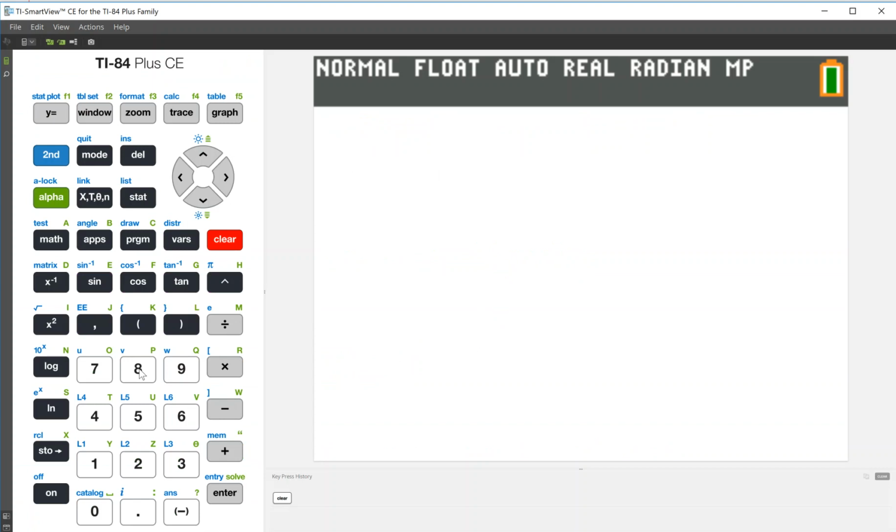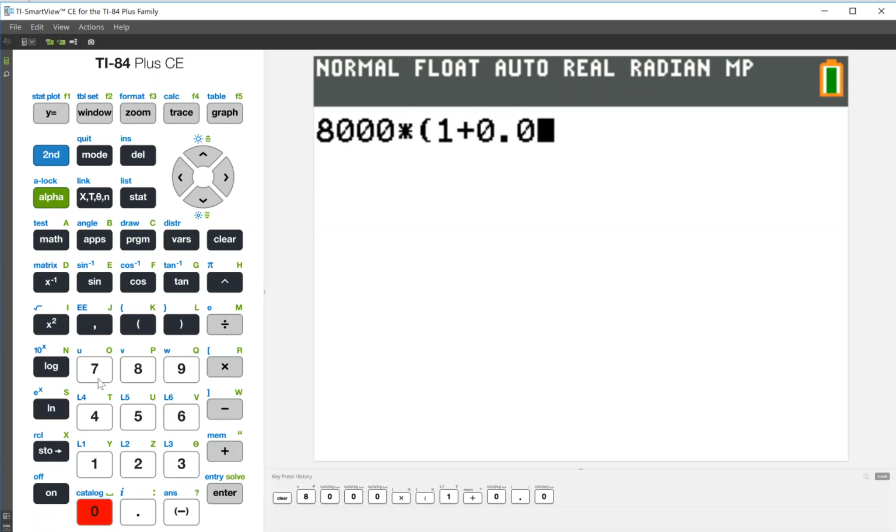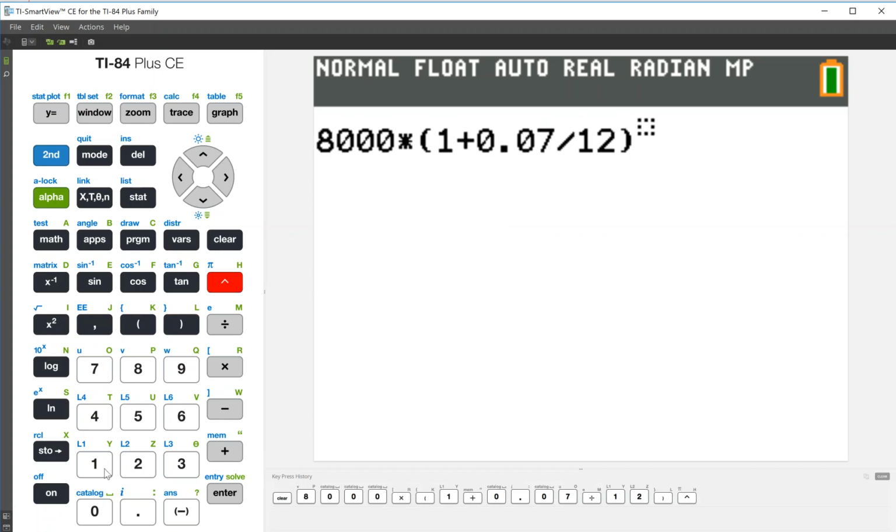So we have 8,000 times 1 plus 0.07 divided by 12, all raised to the 12 times 6.